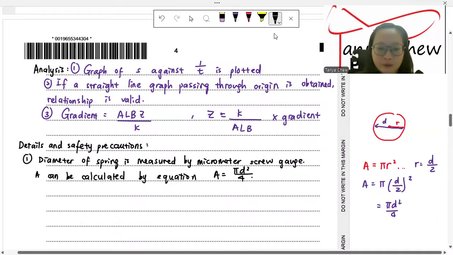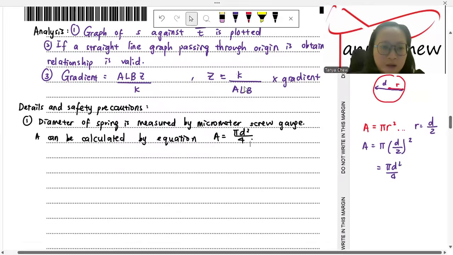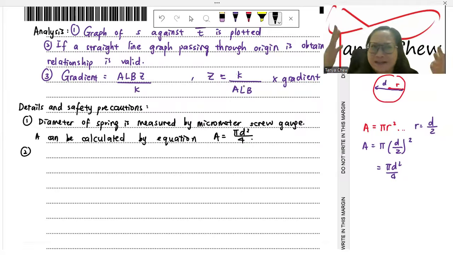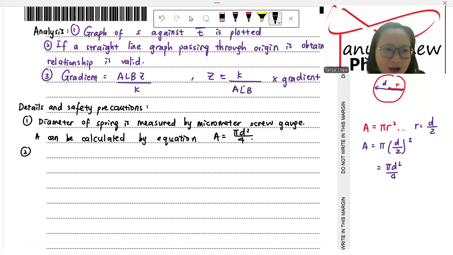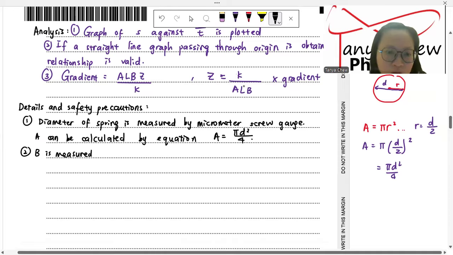That's it. And the second point, I am focusing on B, magnetic flux density or the magnetic field strength. This is a little bit of a headache here, right? I say B is measured by using a Hall probe.